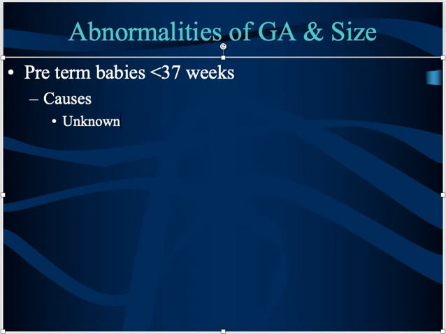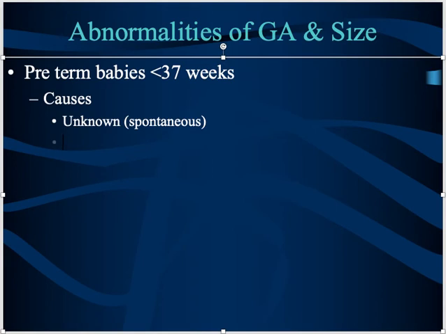Many babies are born premature, and when you start exploring the causes, you cannot find any cause. So that's why the most important cause of preterm babies is unknown, and that's why we call it spontaneous. It's a simple English word, which means labor started spontaneously and the baby came. So you cannot find anything.